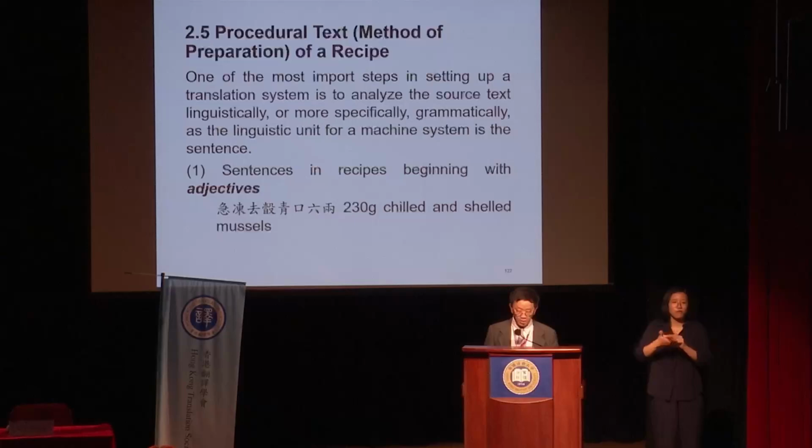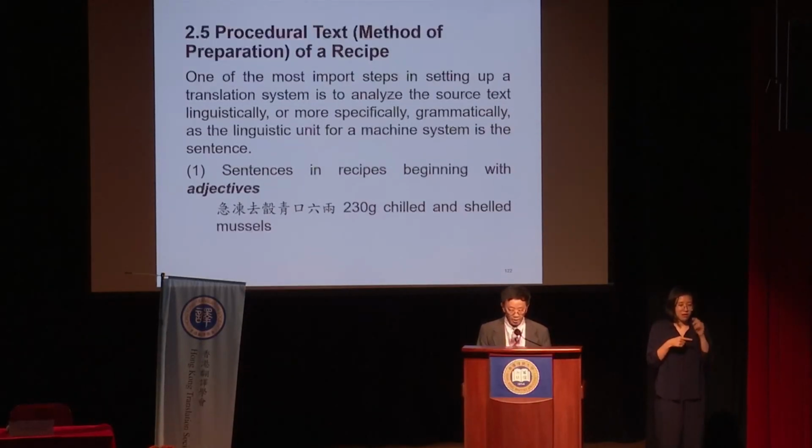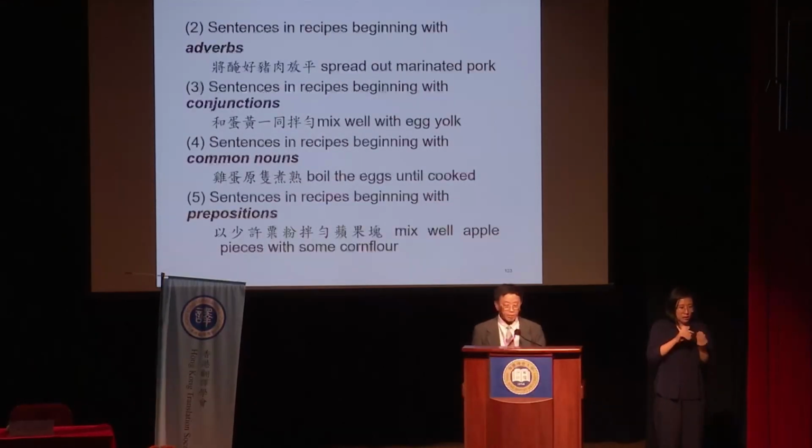Okay. Sometimes we have sentences beginning with adjectives. Say 急动气和清口, meaning chill and shelled muscles, and that is beginning with adjectives. Some sentences begin with adverbs. 将 something 放平, 将 is an adverb.